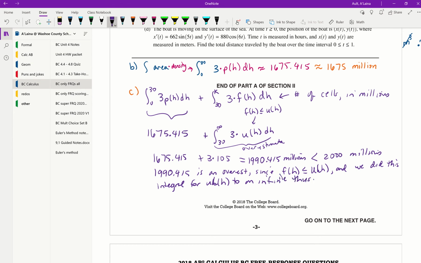Thus, if we actually use the real values, it would have to be less than 2,000, because an overestimate was less than 2,000. So thus the real amount must be less than 2,000 million as well.